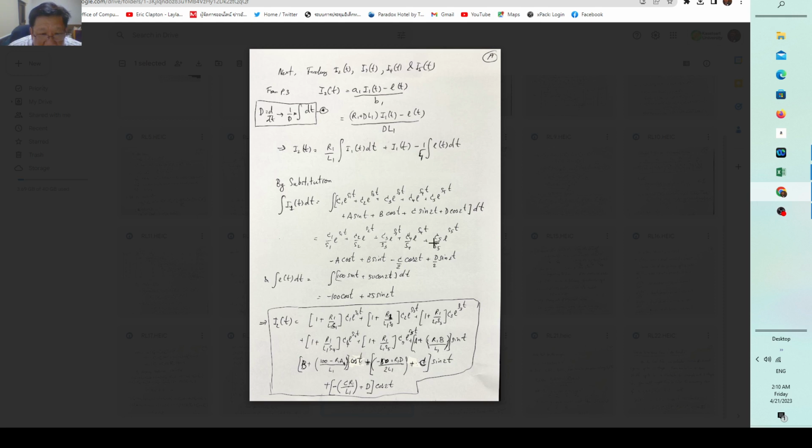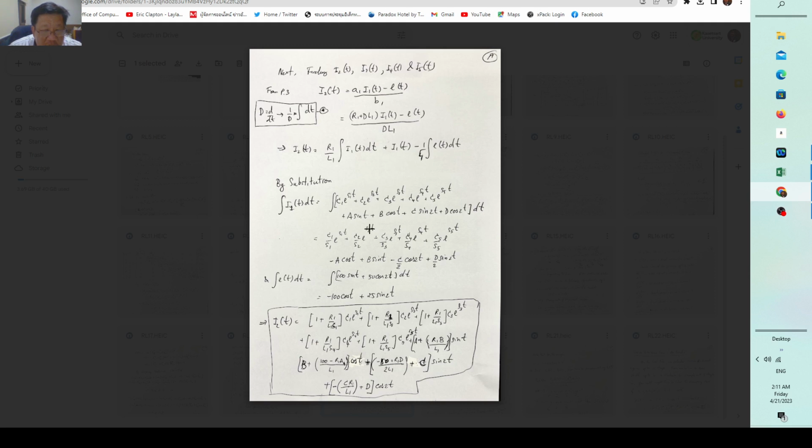And the integration of et dt, you know et is here. 100 plus 50, you get 100 sine t, because minus 100 cos t, because the derivative of cos is minus sine. And then this one is reduced by half because you find the integral of cos 2t dt to get sine 2t, because the derivative of sine gives you cos here.